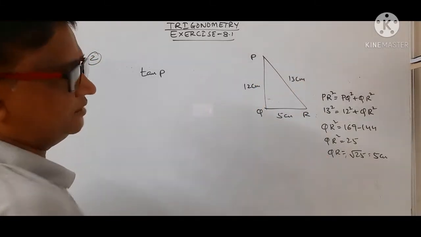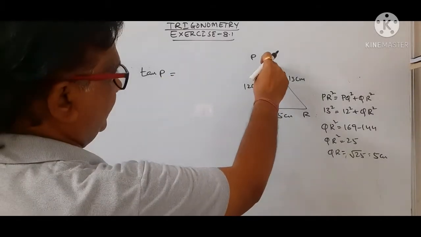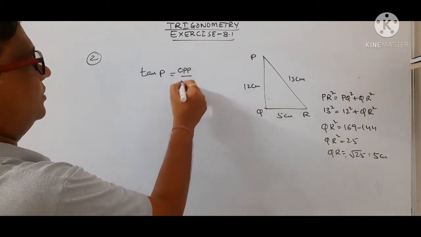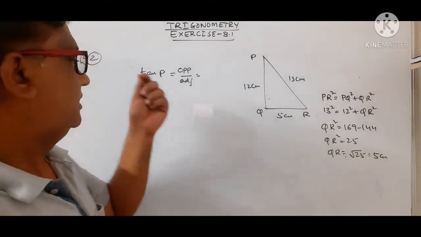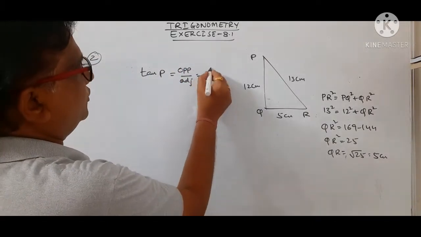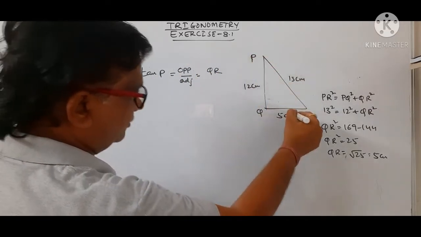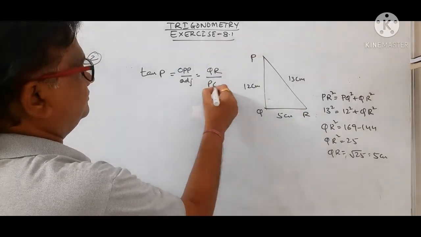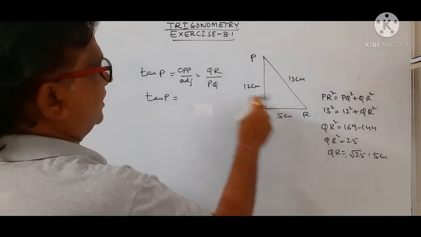First you derive the sides. After that, what is tan P? The opposite of P by adjacent. Don't forget the formula: tan means opposite by adjacent. The opposite of P is QR, and the adjacent is PQ. So the tan P value is 5 by 12.